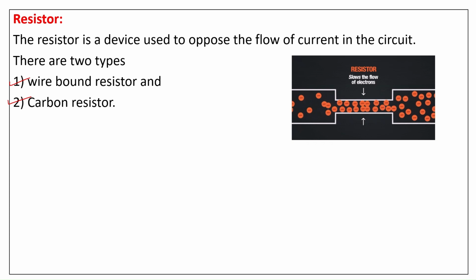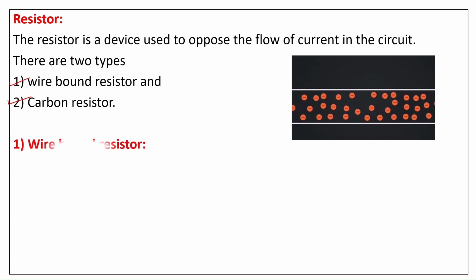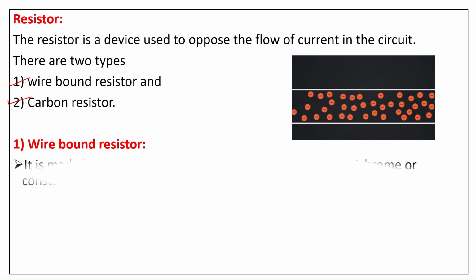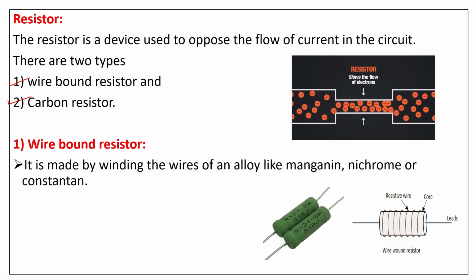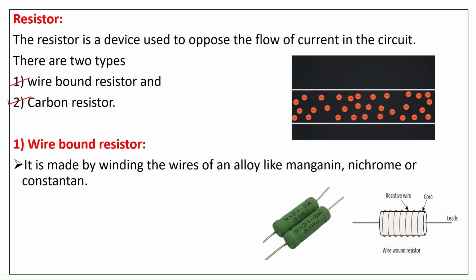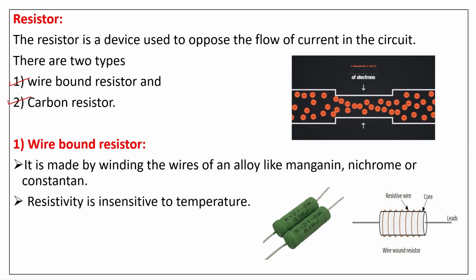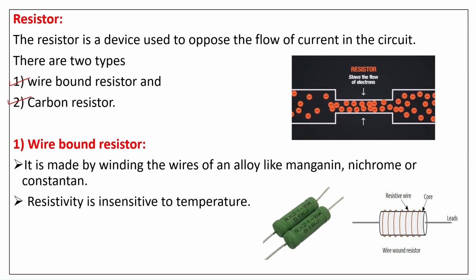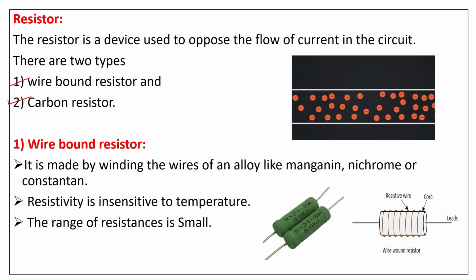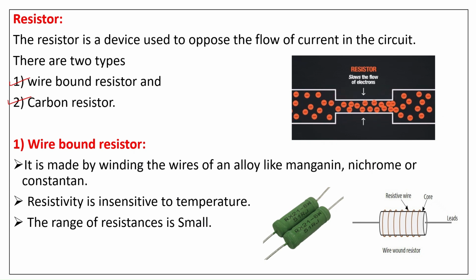Let's see one by one. 1. Wire-bound resistor. It is made by winding the wires of an alloy like manganese, nichrome or tungsten, as shown in the figure. These materials are usually preferred because their resistivity is insensitive to temperature. The range of resistances of wire-bound resistors is small, that is up to a few hundred ohms.